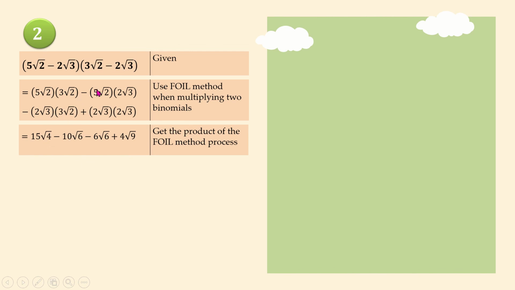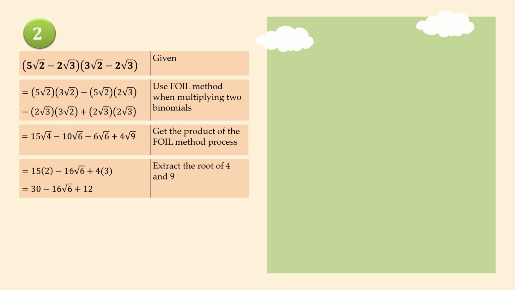Minus 5 times 2 outside is 10, 2 times 3 is 6. Then minus 2 times 3 outside is 6, and 3 times 2 inside is 6, so minus 6 square root of 6. Lastly, plus: 2 and 2 outside multiply to 4, and 3 and 3 inside, 3 times 3, is 9.